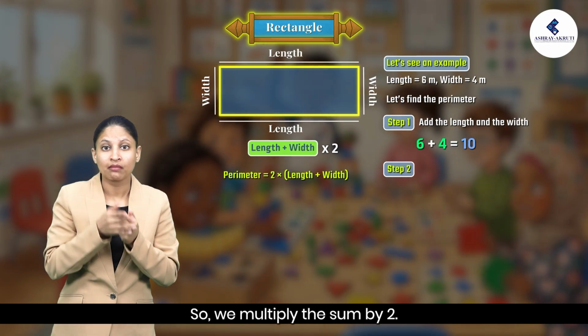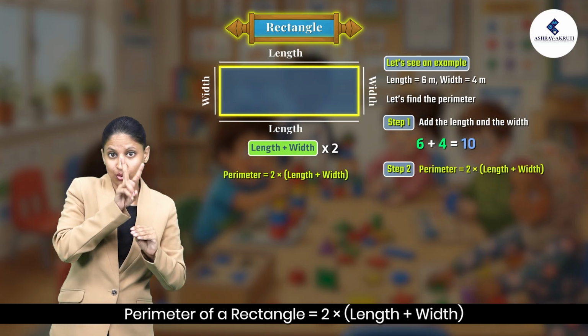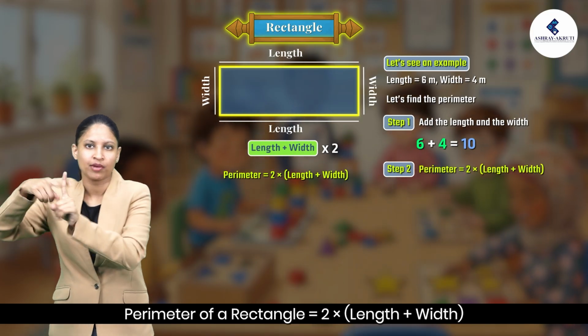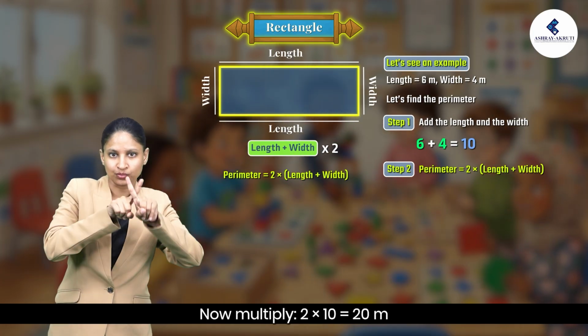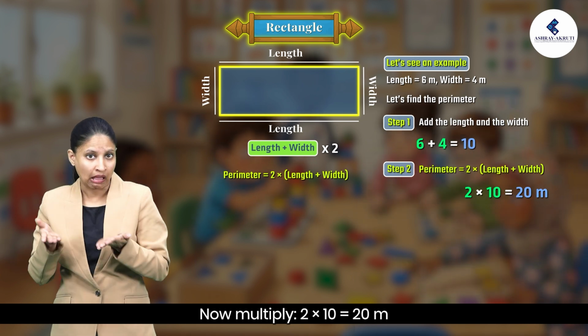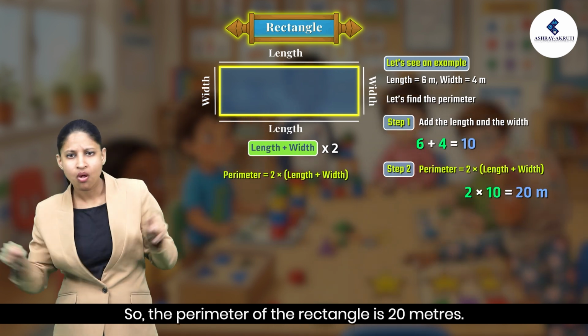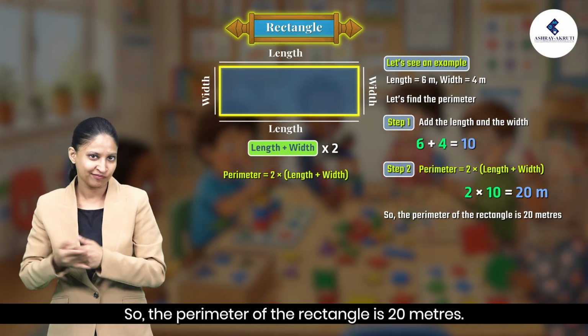So we multiply the sum by 2. Perimeter of a rectangle is equal to 2 into (length plus width). Now multiply. 2 into 10 is equal to 20 meters. So the perimeter of the rectangle is 20 meters.